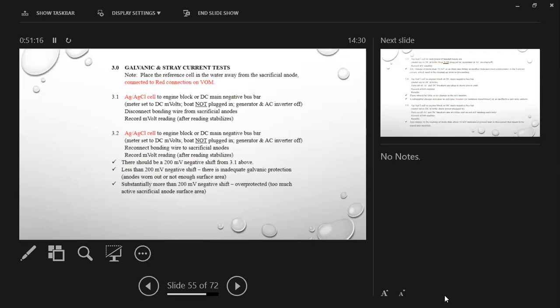You take off the connector to your zinc and then test between your reference cell dangling in the water and your engine negative bus, and that will tell you what the hull potential of the boat is without your transom zinc installed. Now keep in mind, you may still have a shaft zinc or rudder zinc or something, which can affect your readings. But your first thing to do is determine what the hull potential is.